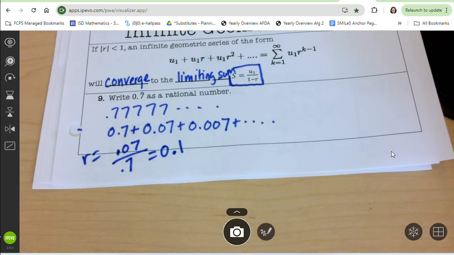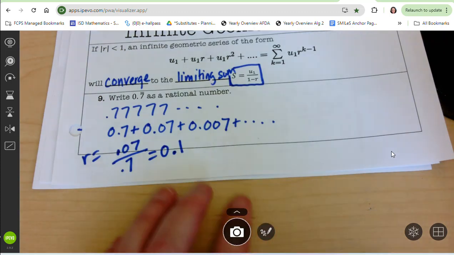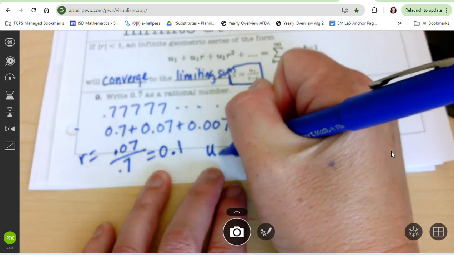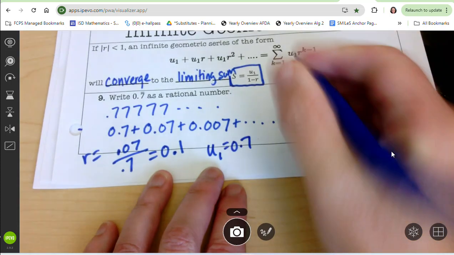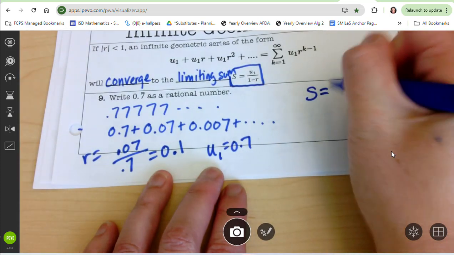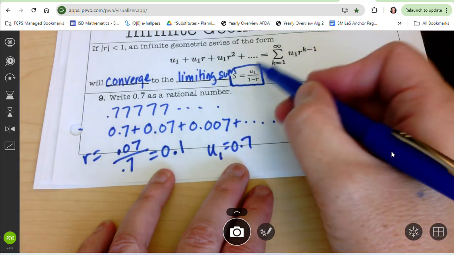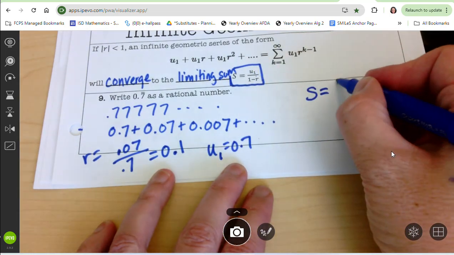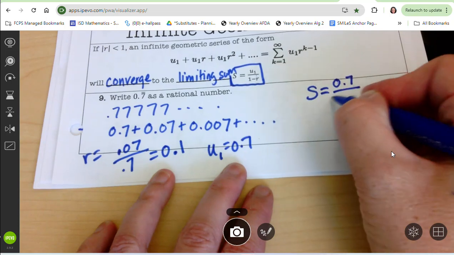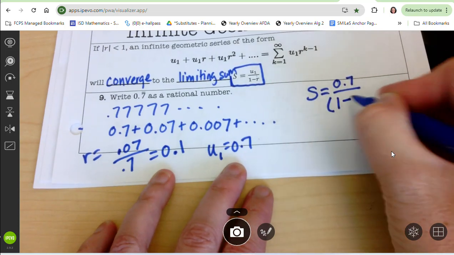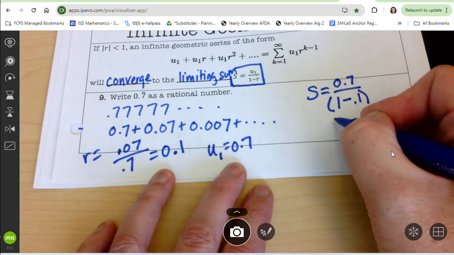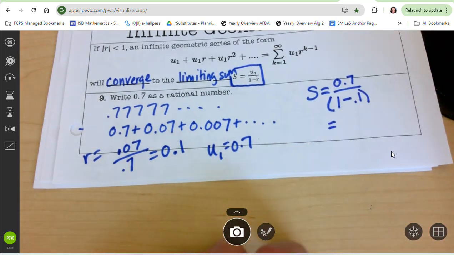Once you know your R value and you know your first value, we know u sub 1 is 0.7, we can use this formula right here. All right, so the first term is 0.7 over 1 minus 0.1. All right, divide that and let's find out what the sum is.